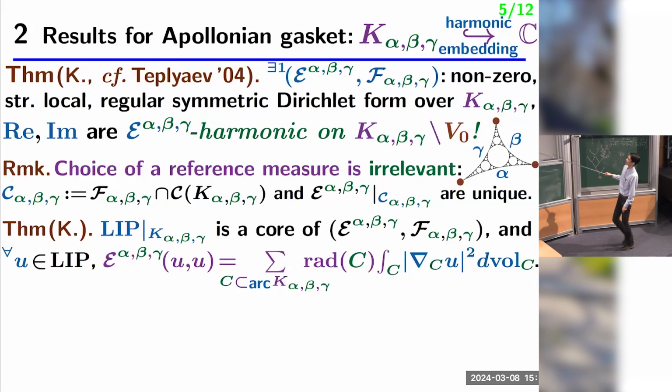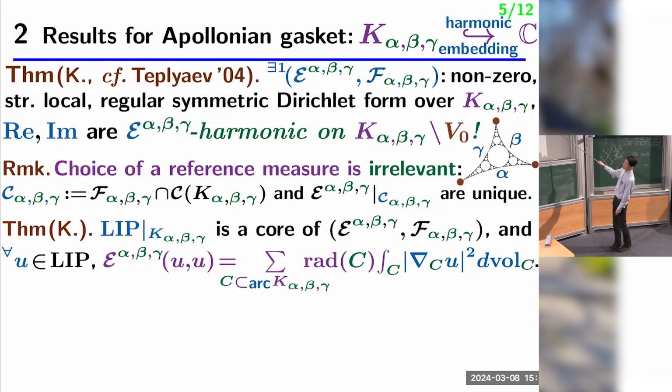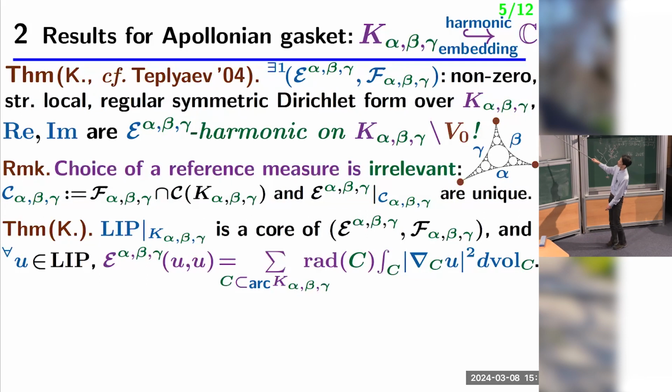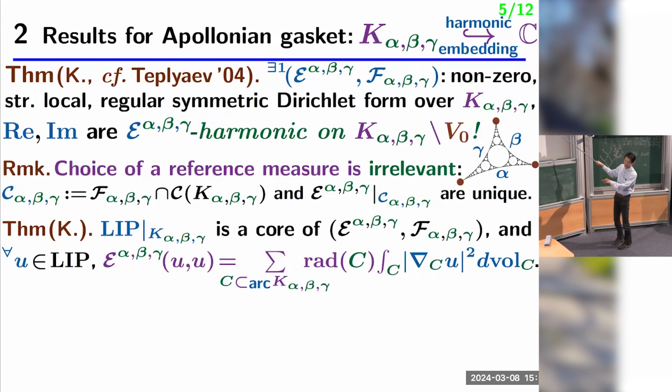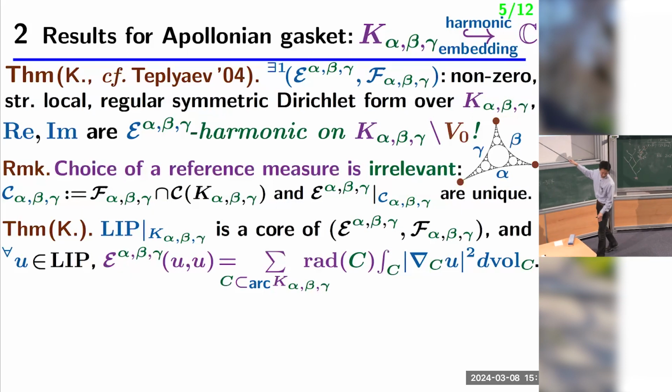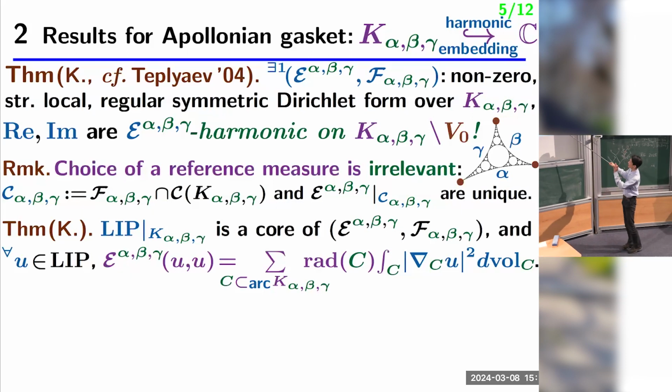In view of this expression of the energy functional, this formula suggests the natural choice of the reference measure on the space. In typical situations, the value of the energy is given by the integral of the energy density function.